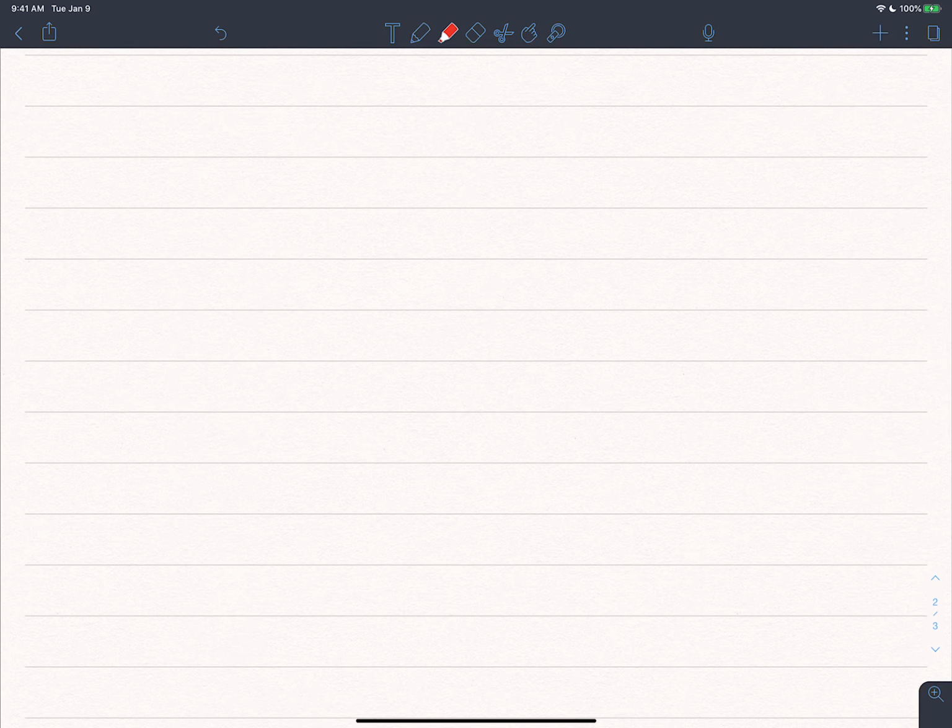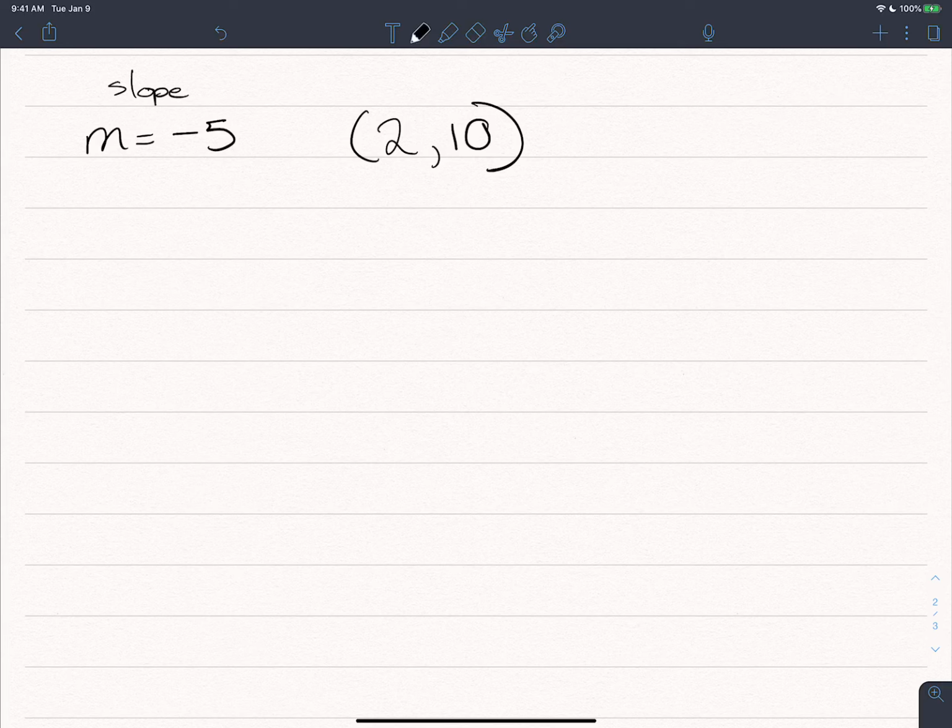Let's say we have the slope m equals -5, and we have 1 point on the line. Let's say our 1 point on the line is (2, 10). So we know the slope, and we have a point on the line. So the question is, what do we need to do?